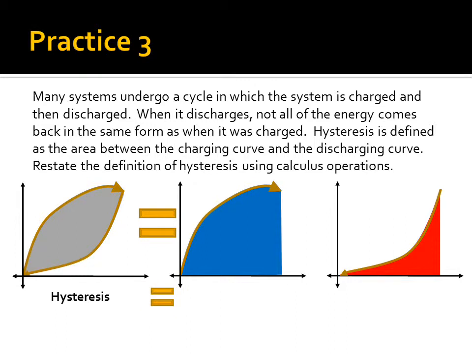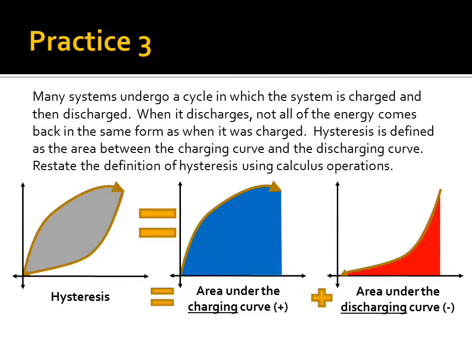Okay, so area under the charging curve, according to our definitions of positive and negative areas, is going to be positive. Area under the discharging curve, according to our definitions of positive and negative, is going to be negative, and that's because the discharging is from the charged state back to the origin, and so that is an integration from right to left.